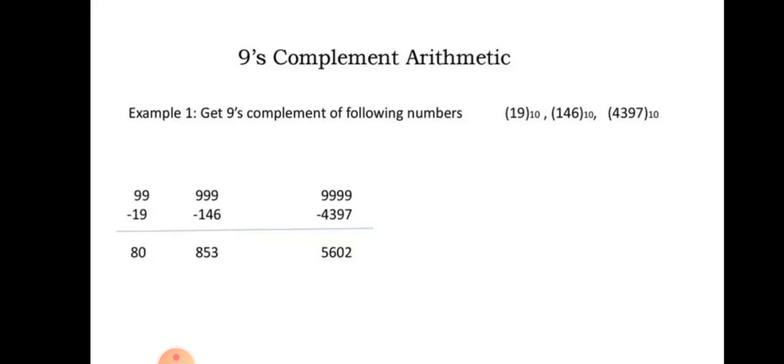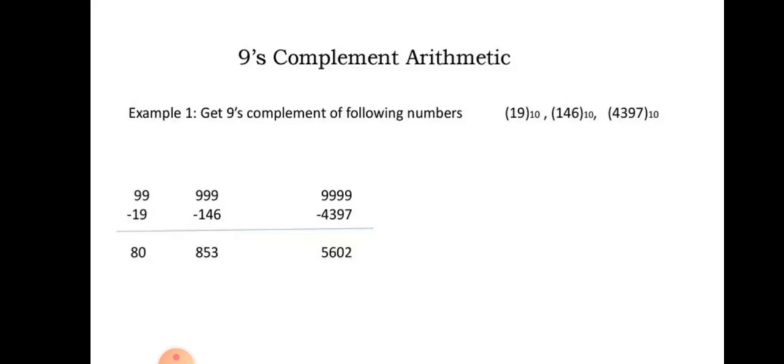Now we will move ahead with the third arithmetic, 9's complement arithmetic. As we know, in 2's complement we took the 1's complement and then added 1 to it. In 9's complement and 10's complement the similar concept is applied, but in 9's complement we have to subtract every decimal number from the 9999 form.